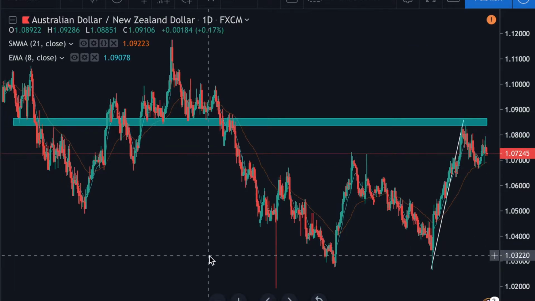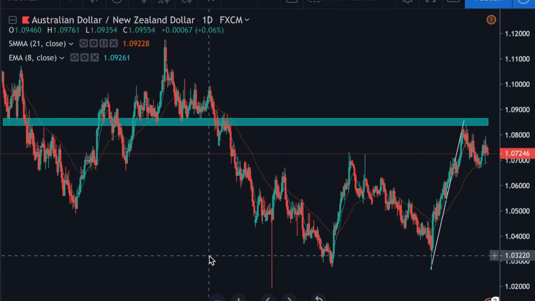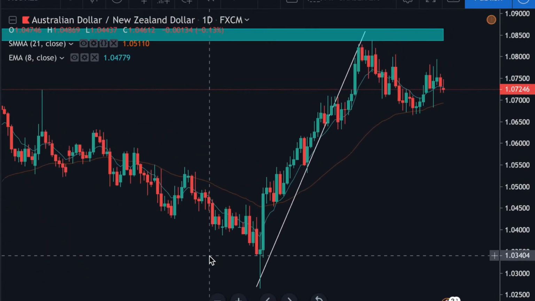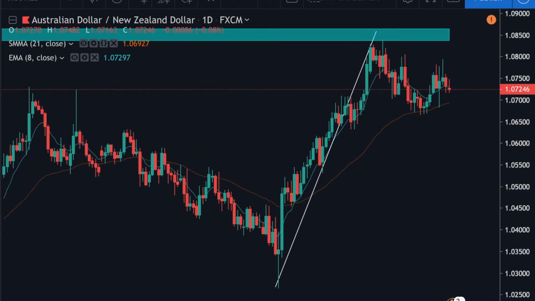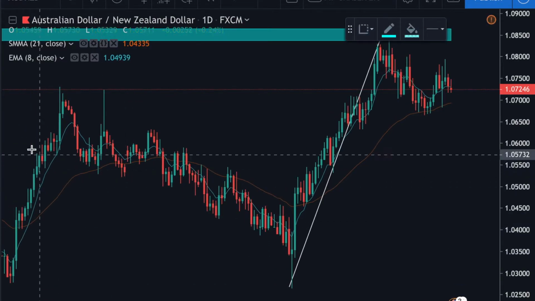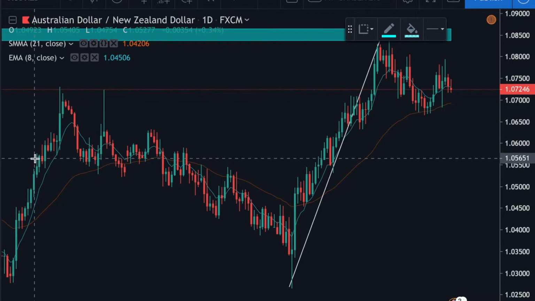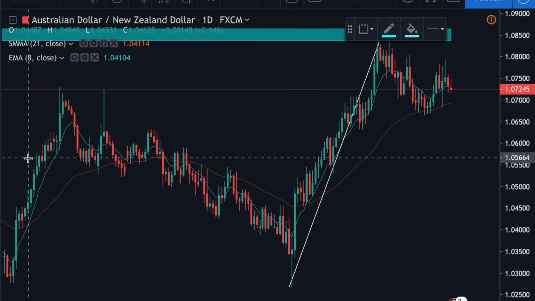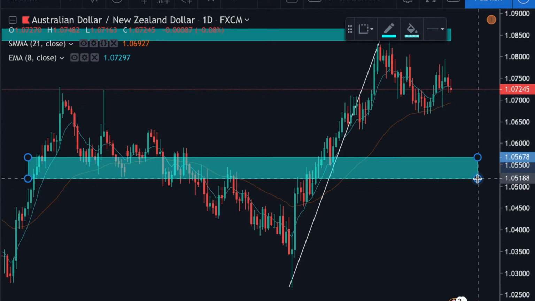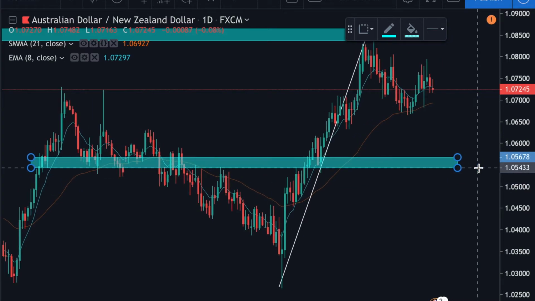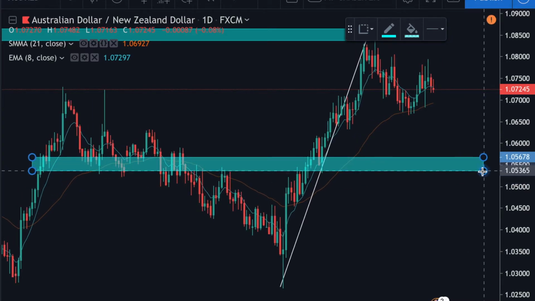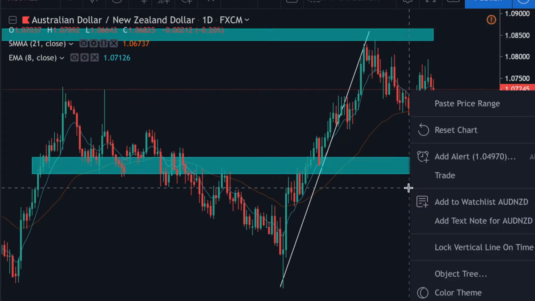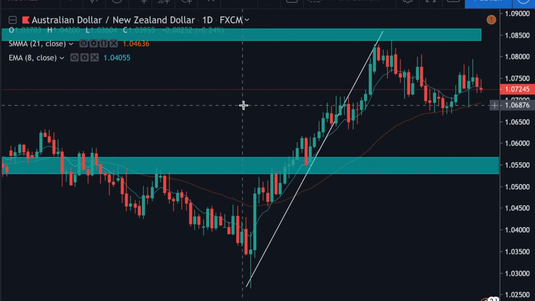So this is a daily resistance area, and let's draw the daily support area. Yeah, here, and here it's a very strong support. It's a potential target. Great. Okay, that's a daily analysis.